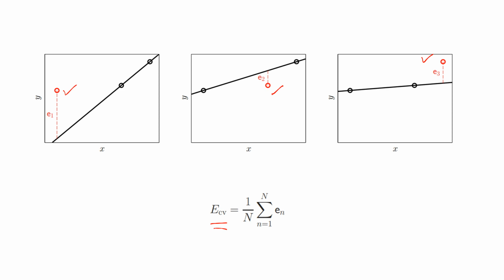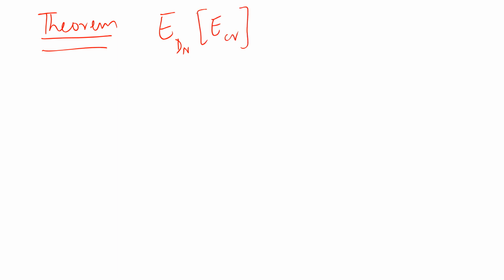Okay, so then what next? Well, we come to this theorem, and let me state that theorem here, which is that, let's assume we are calculating it for different data sets. The expectation over all data sets of size n of E of CV is equal to E out for n minus 1.